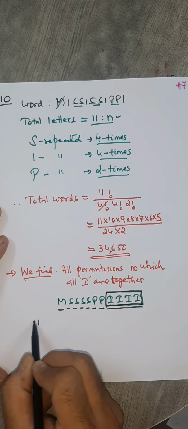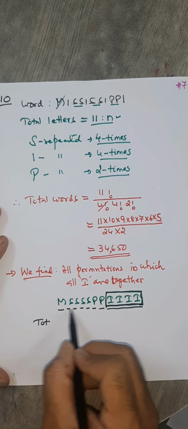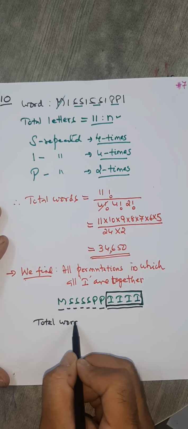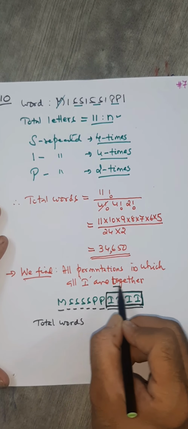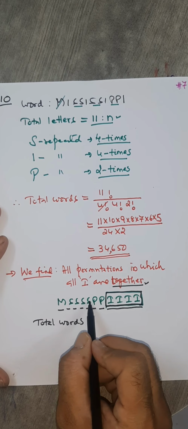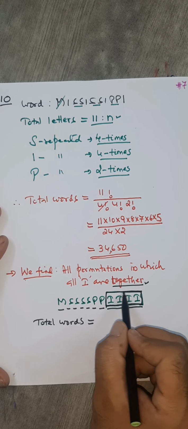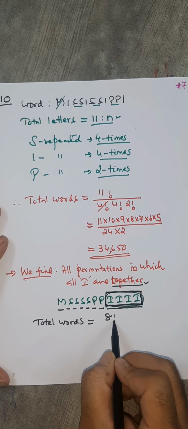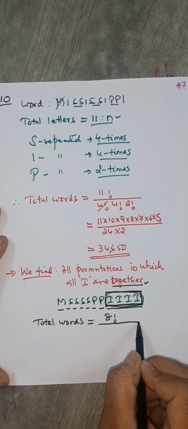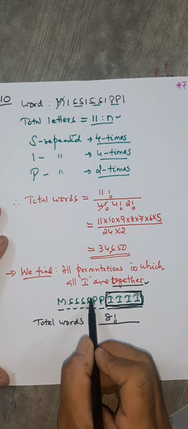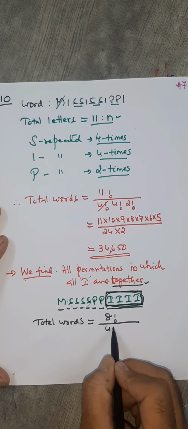राइट, सो कितने वर्ड्स बनेंगे? नाउ आपके पास टोटल 8 है. So total words in which all I's are together, remember, equals 1 2 3 4 5 6 7 and I मेरे लिए एक है. क्यों एक है? क्योंकि मेरे को together चाहिए. 8 factorial upon, I मेरे लिए 1 है, बट इसमें S कितनी बार आ रहा है? 4 बार, सो अपॉन 4 फैक्टोरियल.